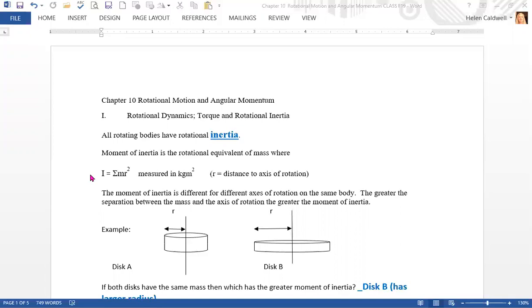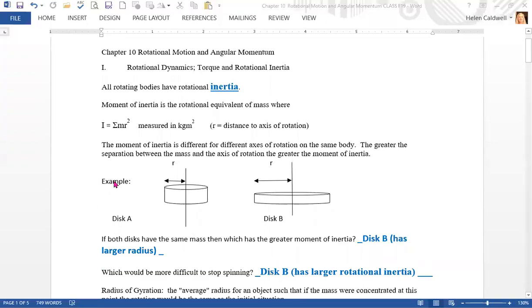And in that case, some of the mass would be close to the axis of rotation, but at the ends, that mass would be a long distance from the axis of rotation. So one object rotated in different ways will give you different moments of inertia, for different axes of rotation on the same body.